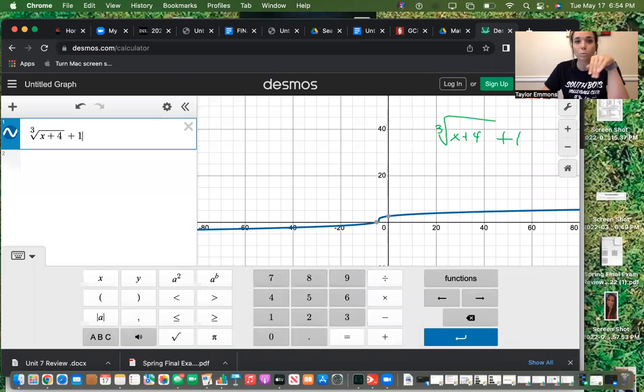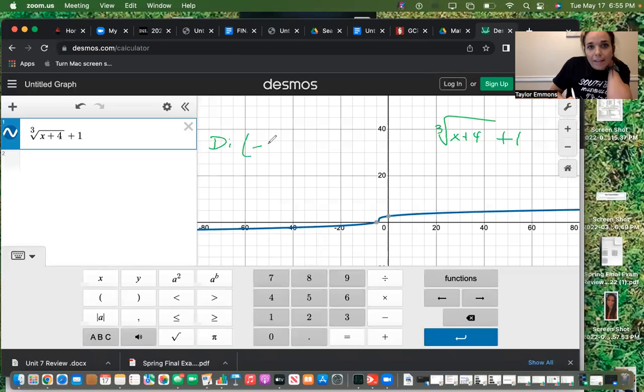All right, so now we're going to state the domain. How far left do our x values go? Well, they go on forever, right? So that's going to be negative infinity. How far right do they go? Positive infinity. Does that make sense so far?